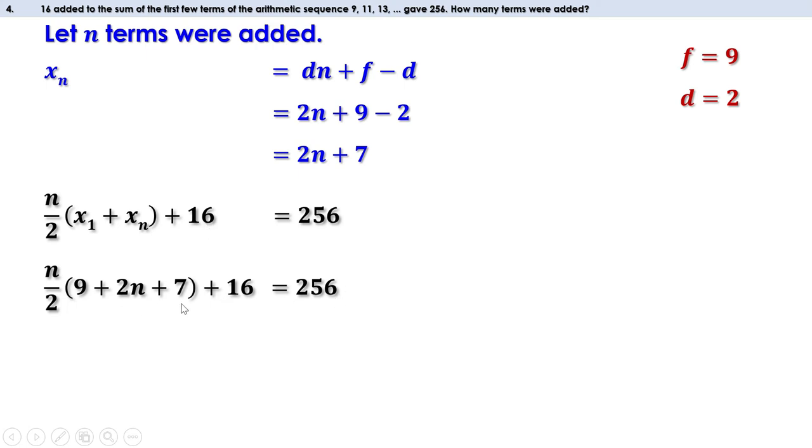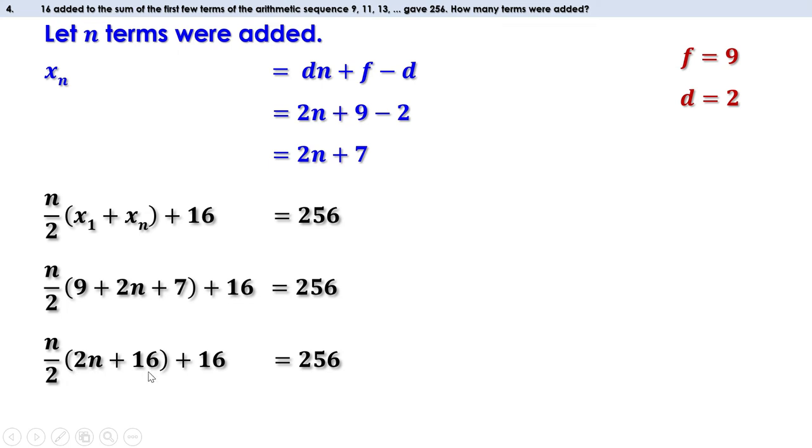To get the terms within the bracket, 9 plus 7 is 16. So we can write this as n by 2 into 2n plus 16 plus 16 equal to 256. 2n is 2 into n, 16 is 2 into 8. So both these are multiples of 2.